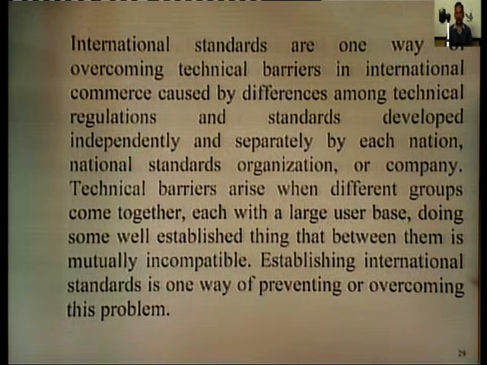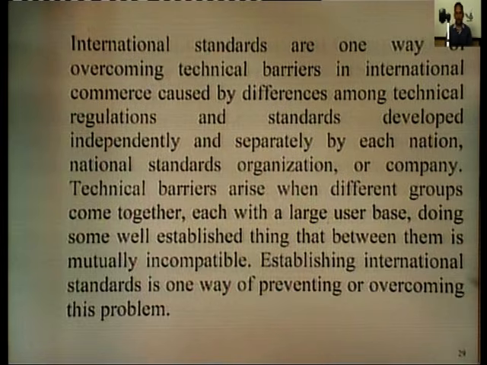International standards are one way of overcoming technical barriers in international commerce caused by differences among technical regulations and standards developed independently and separately by each nation, national standards organization or company.